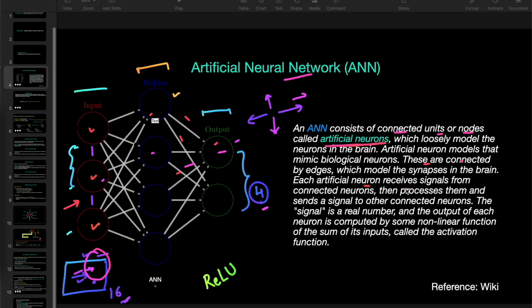Each artificial neuron receives a signal from connected neurons, then processes them and sends a signal to other connected neurons. For example, this neuron takes the information from the neurons here, processes it and passes the information to the output layer. The signal is a real number and the output of each neuron is computed by some nonlinear function of the sum of its inputs, called the activation function.